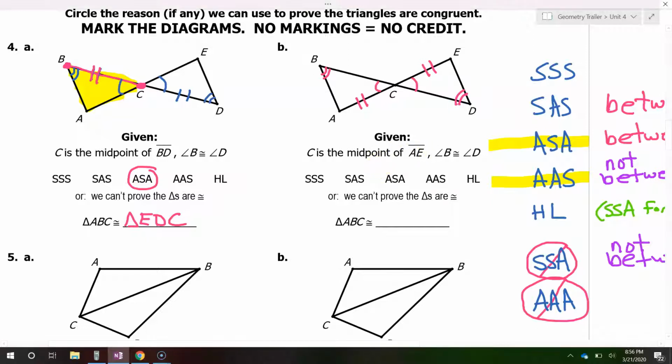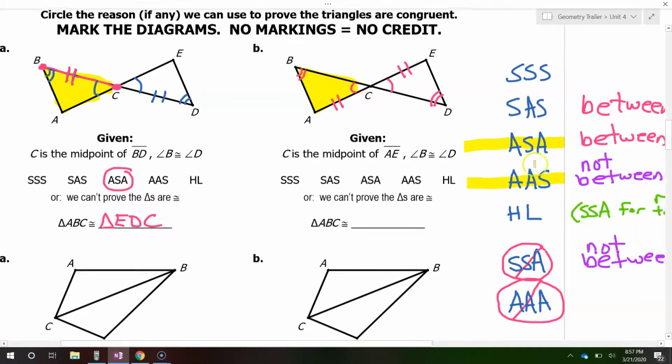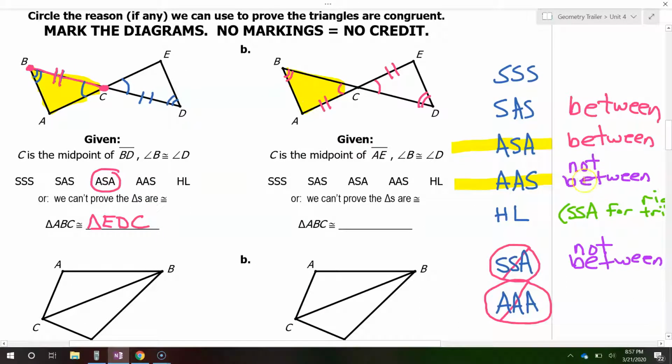Okay, look at one triangle at a time. For example, look at this triangle right here. What information do we have? We have two angles and a side. So that's just like before, so it will narrow down to these two choices. Is the side that we have marked between the two angles, or is it not between?